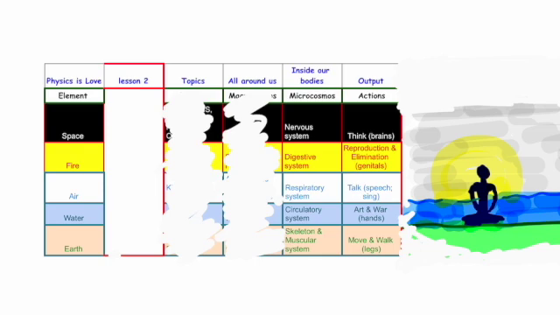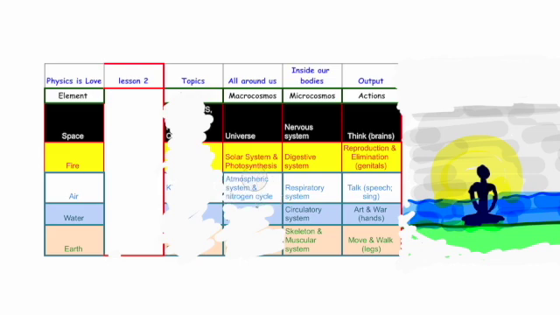And around us, of course, the macrocosmos, the biggest of all the systems, is the universe, of course, connected to space. The solar system and the cycle of photosynthesis connected to the sun. The atmospheric system and the nitrogen cycle connected to the element air.